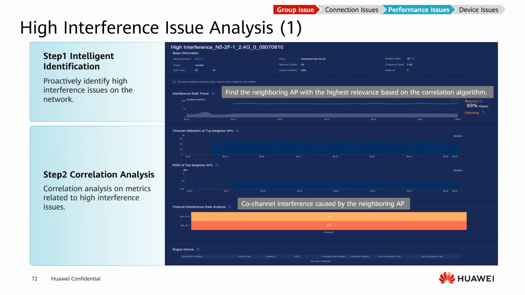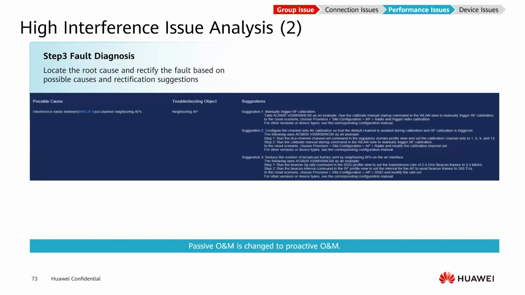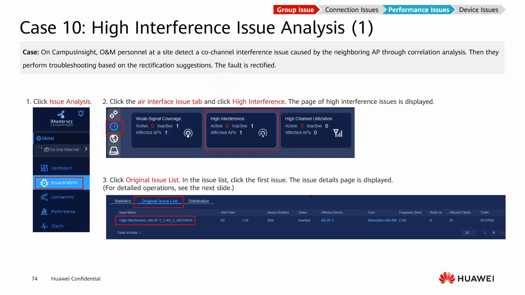It is similar to the weak signal issue. It displays all of the information and data that CampusInsight collects, and then based on this information it will tell you how the problem happened and give you suggestions for fault detection.